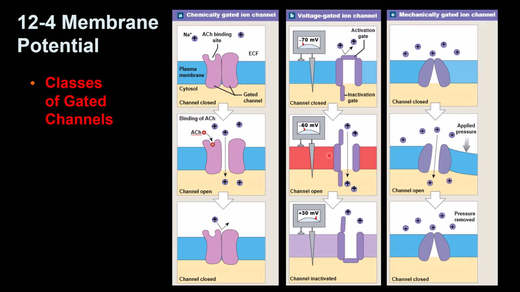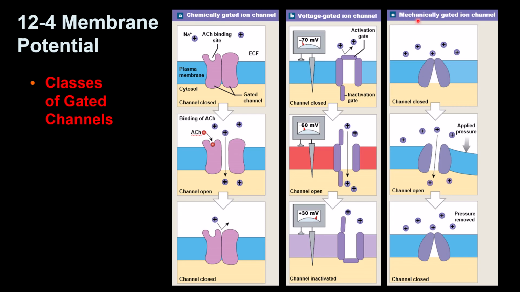When a stimulus comes, see that from negative 70 it is now becoming negative 60, so it will open up, and then the ions enter the cell. Once the inside of the cell becomes really positive, see this is positive 30 millivolts, then the inactivation gate will close. This is the inactivation gate, and it prevents further movement of ions into the cell.